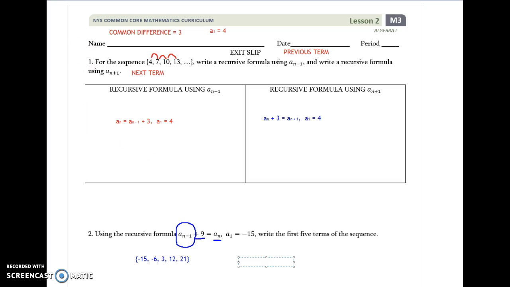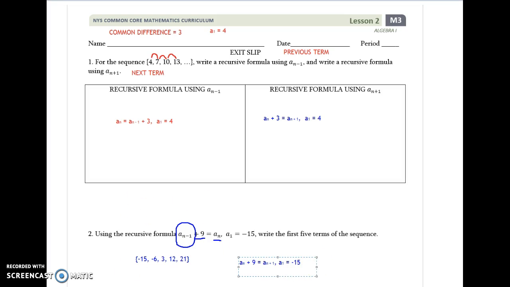If I wanted to rewrite this formula, I could say take any term, let's say a sub n, and if I want to get the next term, I have to add 9 to it, and that would give us not the a sub n term, but the next term of the sequence, which is a sub n plus 1. And then we have to finish it off by saying the first term of the sequence, a sub 1, is negative 15.